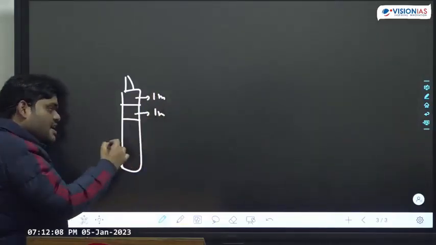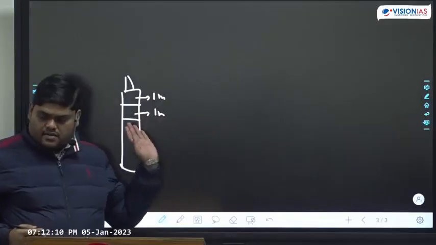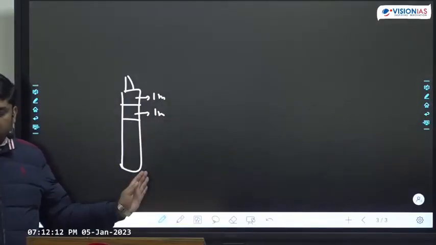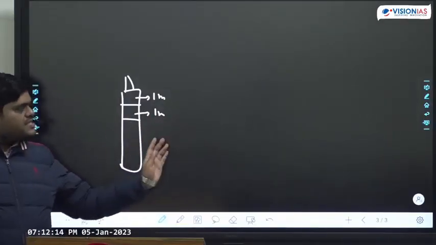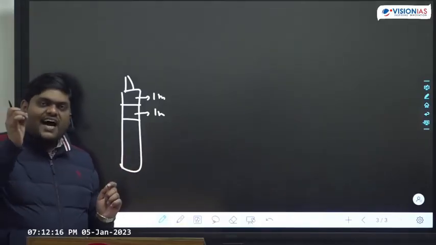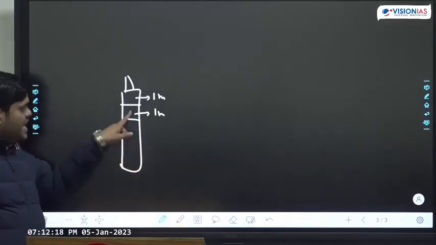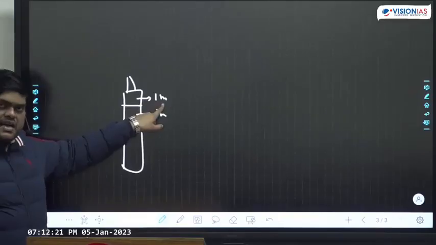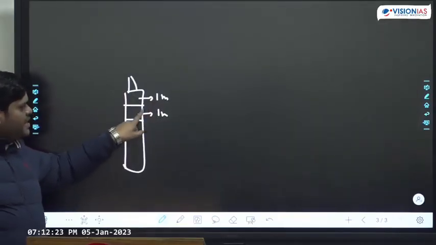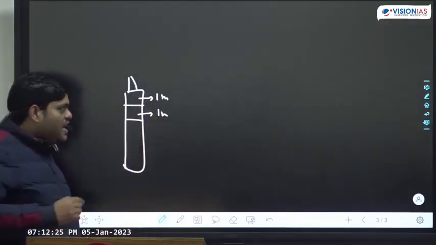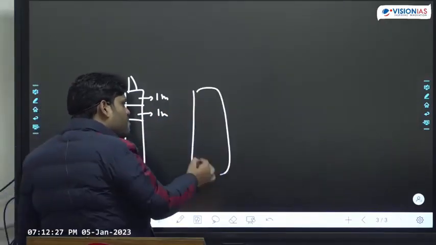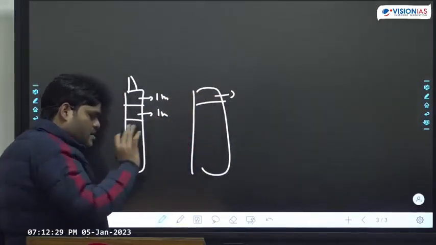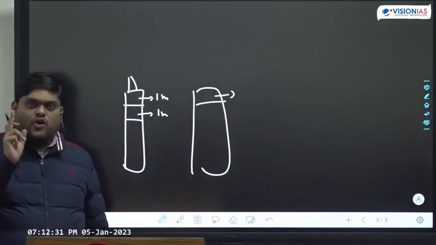This is not saying that both candles burn 1 meter in the same hour. Are you getting my point? So this is for one candle.